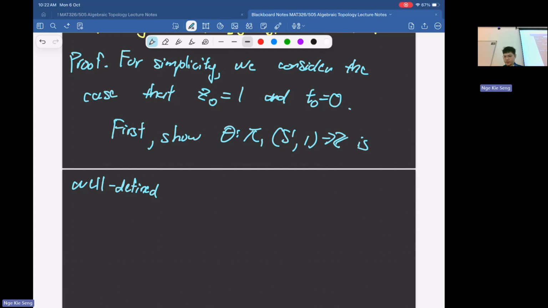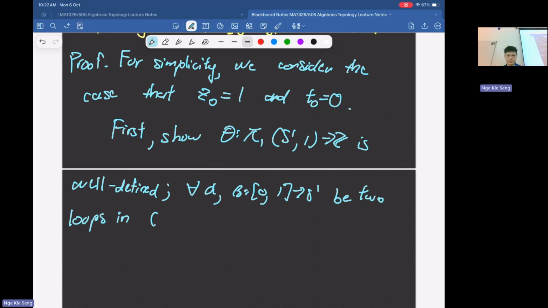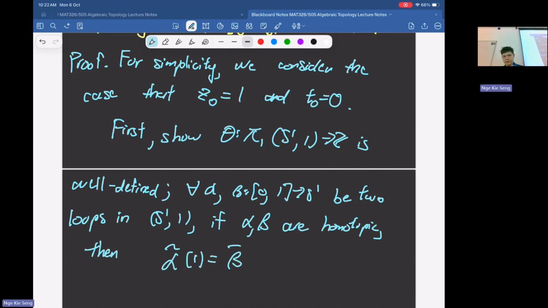Okay, so we want to show that for every alpha, beta, two loops in X at 1, if alpha, beta are homotopic, then alpha tilde 1 equals beta tilde 1.